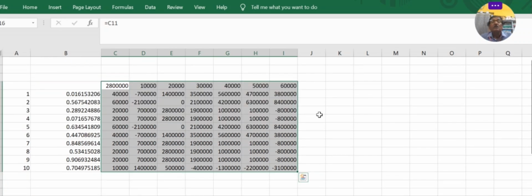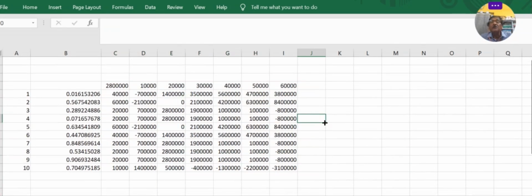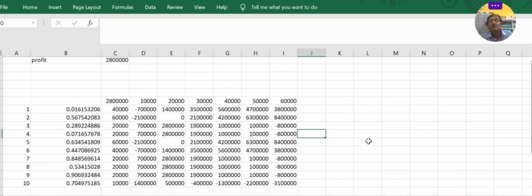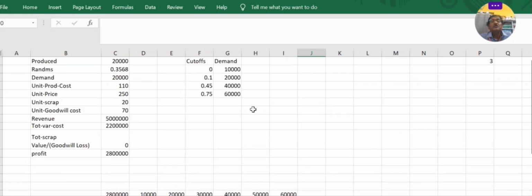Automatically you see all calculations have been completed. You can check any one, then you will see the computation is correct. Just for this figure I am going to show you: 20,000 units is the production and 20,000 is the demand. What will be the profit? Profit is 28 lakhs.